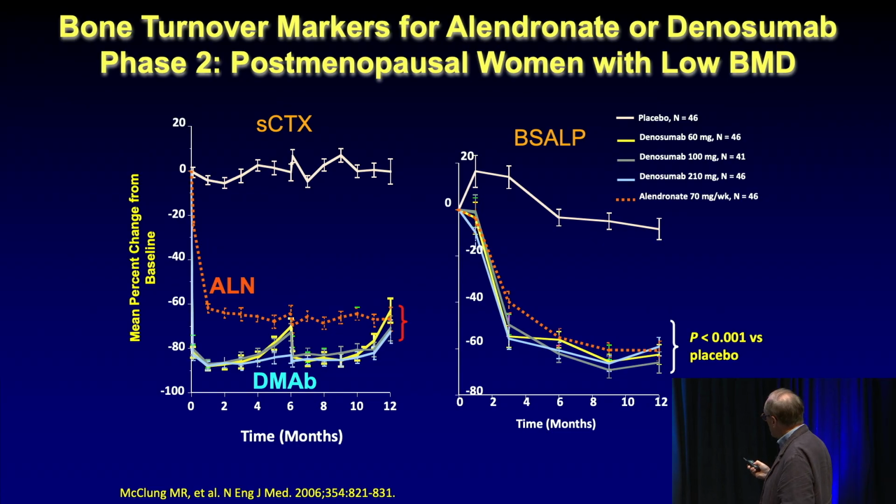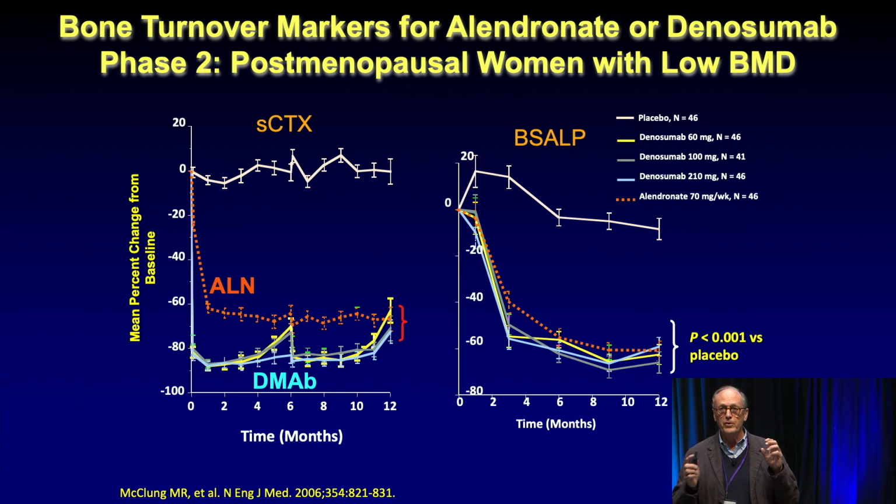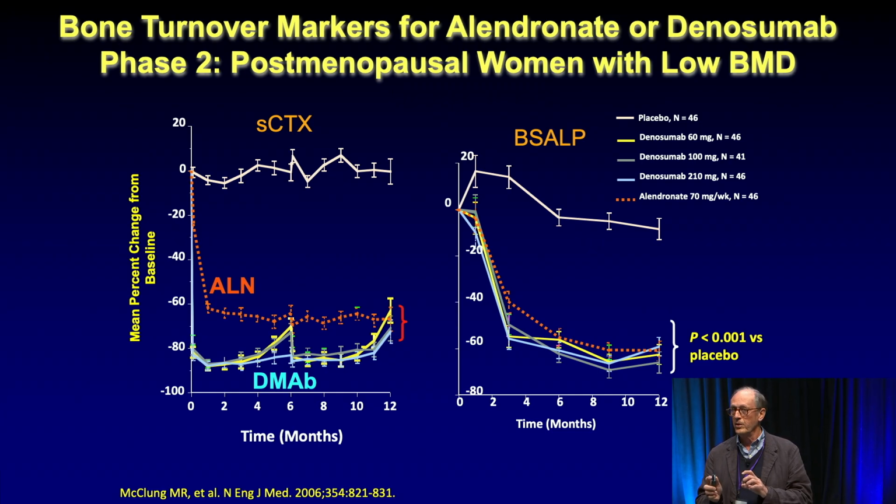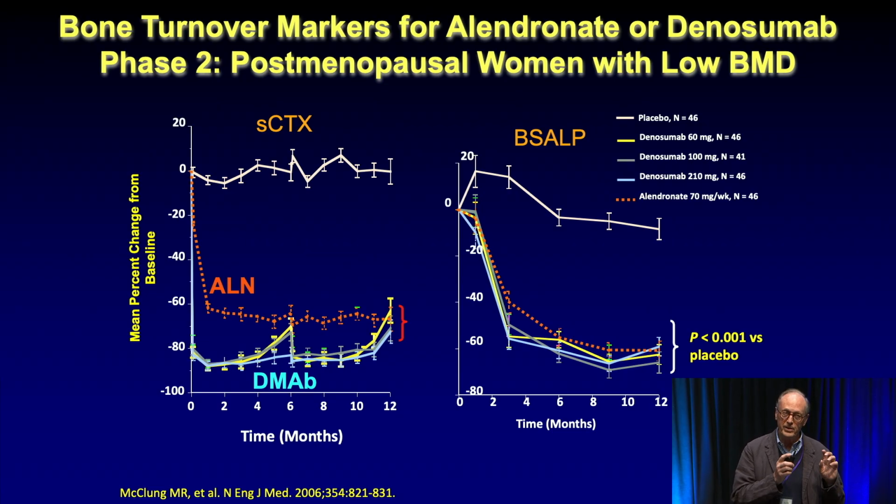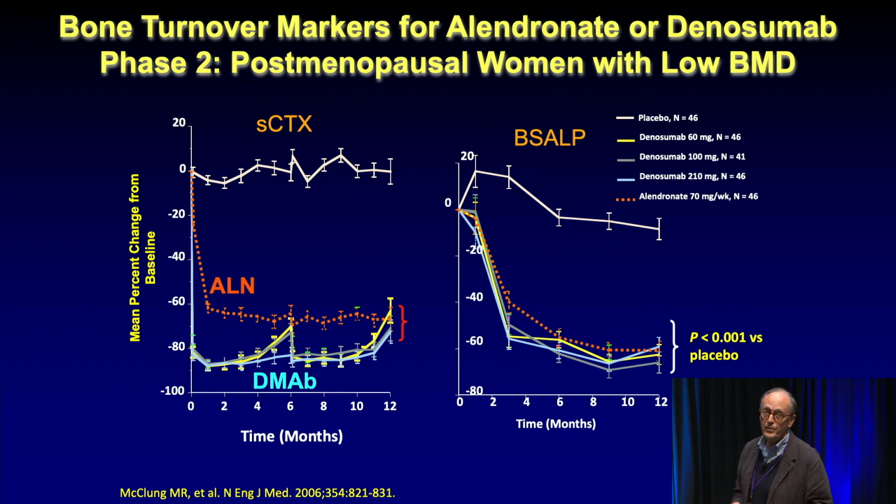But after a short period of time, you have a delay because of the remodeling cycle. Now you can see that bone formation in both cases is decreased by 60-70%. The balance between the two is still positive.